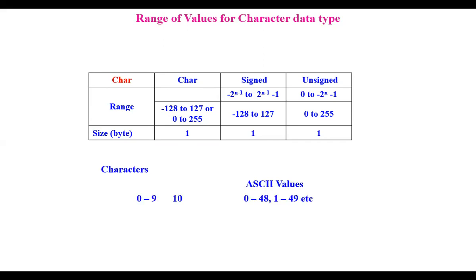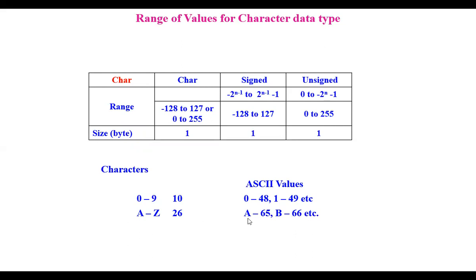As I'm telling you, these ASCII values are given to these characters. For 0 to 9, we have 10 numbers, and 0 is given the ASCII value of 48. Similarly, 1 is 49, 2 is 50, like that. Next, capital letters A to Z, we have 26 characters.